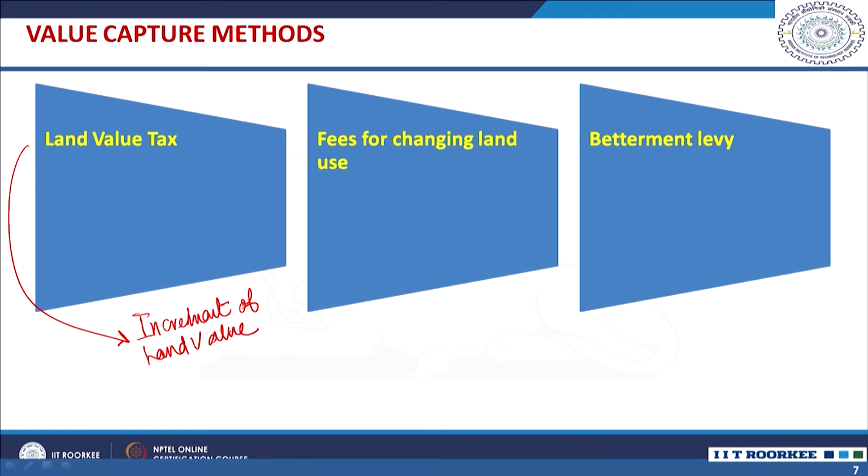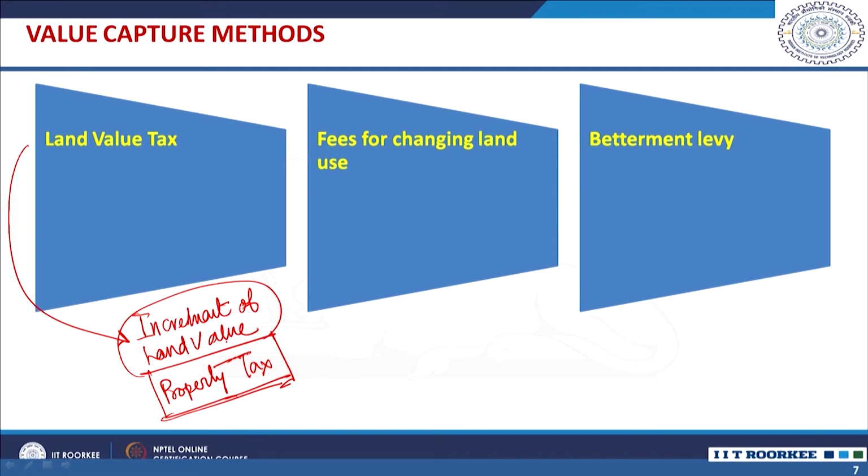It is different from the property tax, because property tax is a general tax taken by the municipality, and the amount could be fixed by the municipality for a fixed amount every year. But land value can increase due to several reasons, and for that reason that additional value, or some share of that value, can be taken by the municipality.